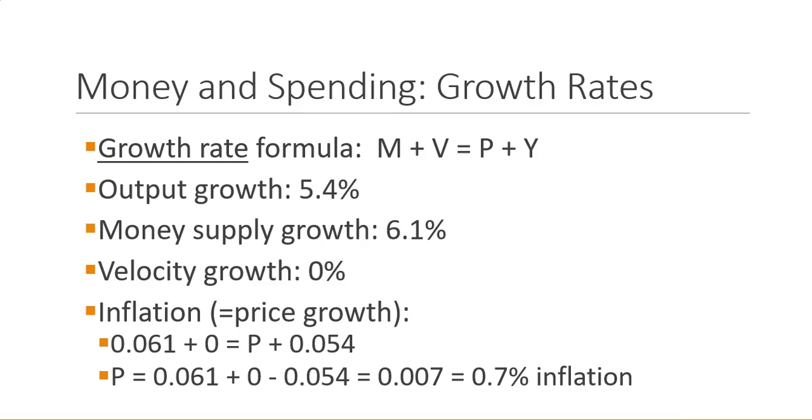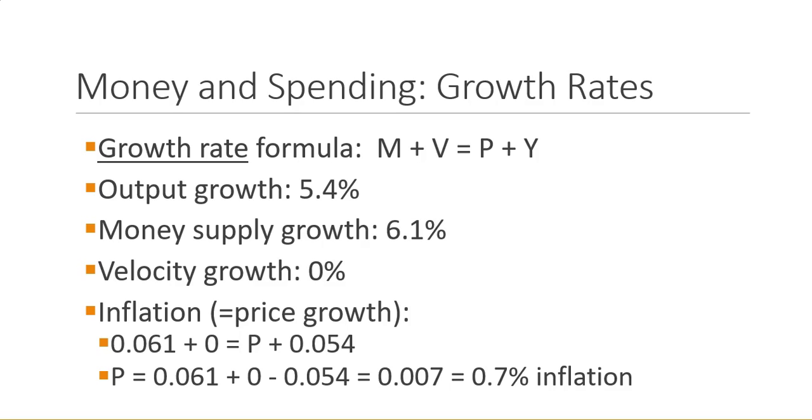So our output growth, again, not total output, just the unit numbers of goods and services. Output growth is 5.4% in the year. The money supply growth is 6.1% during the year. And we have no change in velocity. Whatever velocity was last year is going to be the same this year.